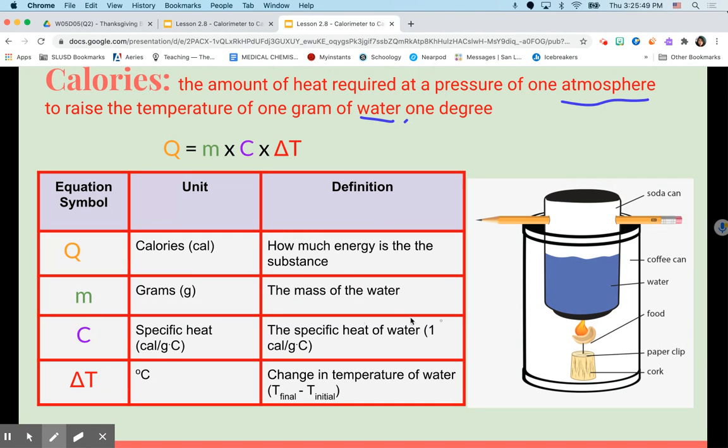When you burn this food, all of the heat energy that I'm drawing in red, and labeling E for energy, is going to go into the water. And then the energy in the water is transferred into a thermometer. This stick thing, let's call that my thermometer.